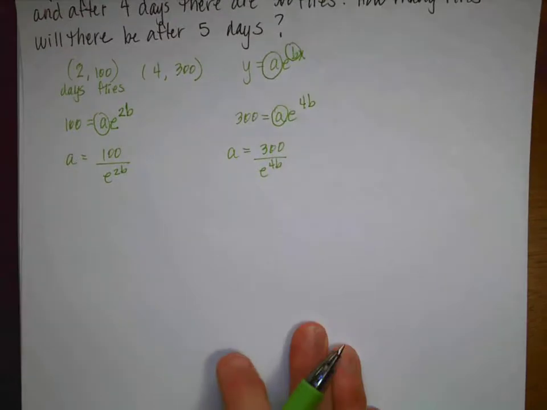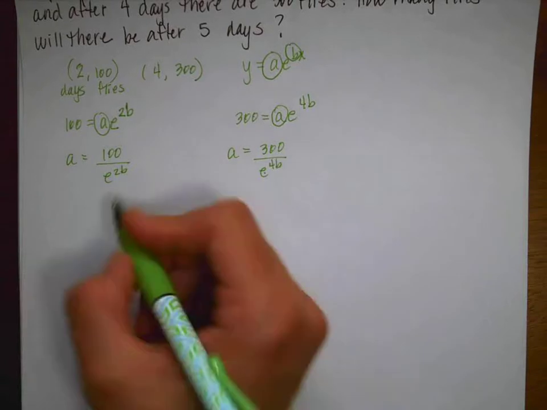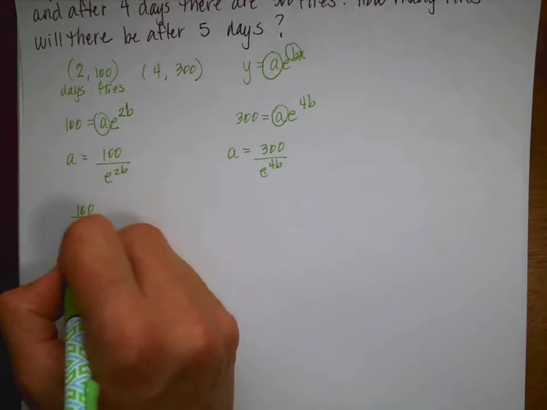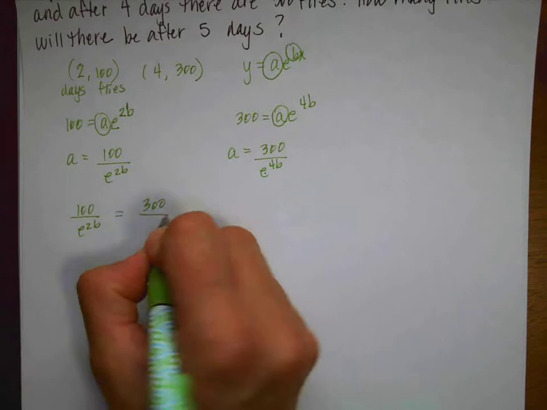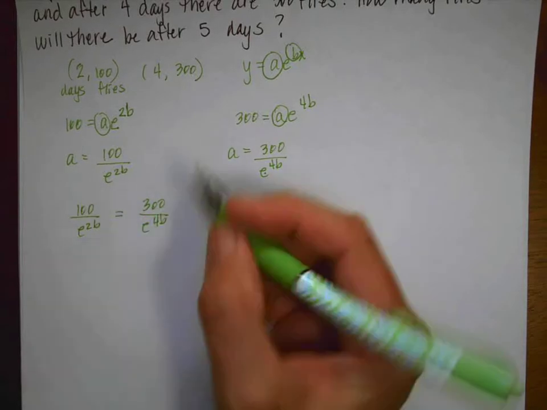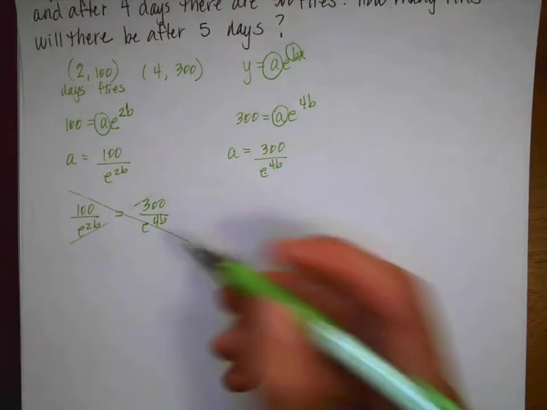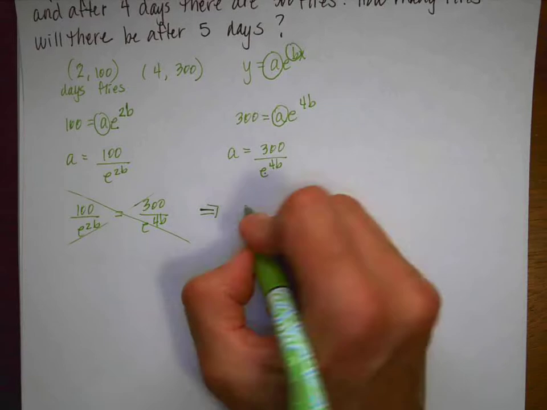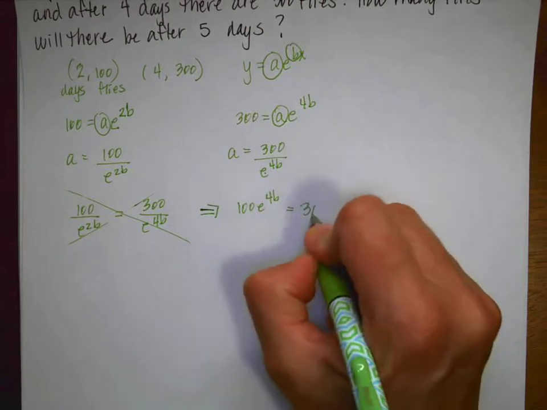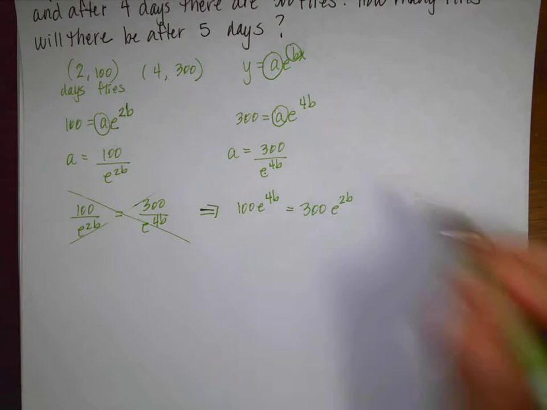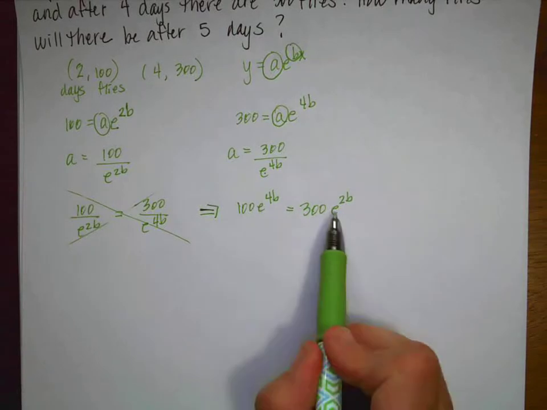In the same problem, the a's are equal, so I'm going to set these two things equal. So I get 100 over e^(2b) is equal to 300 over e^(4b). Then I am going to cross multiply. So I'm going to get 100e^(4b) is equal to 300e^(2b).